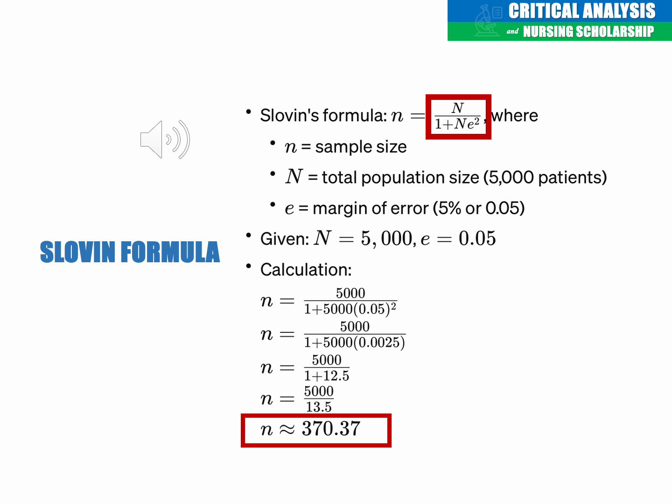And given the total population size that you have and given the margin of error that you have, by utilizing this formula, you can now identify the required sample size. In our given example, you are required to collect data from 370 patients. This is called Slovin formula, and we normally use this if our population is too big and we just wanted to reach an adequate sample size for our research.